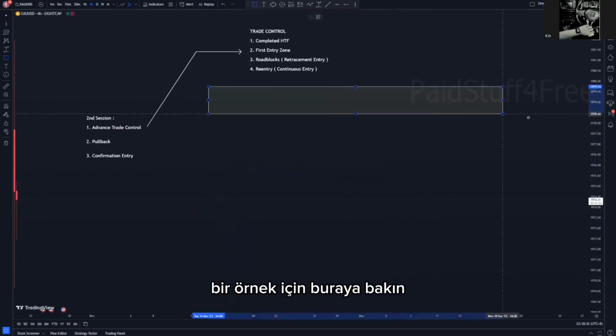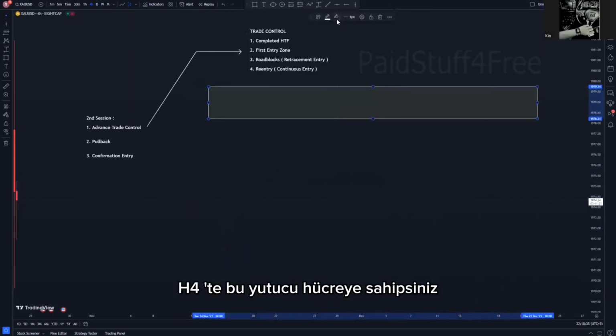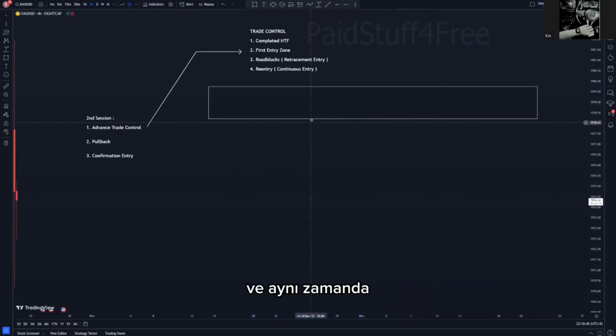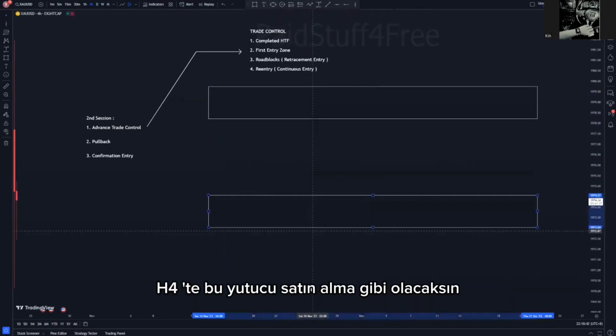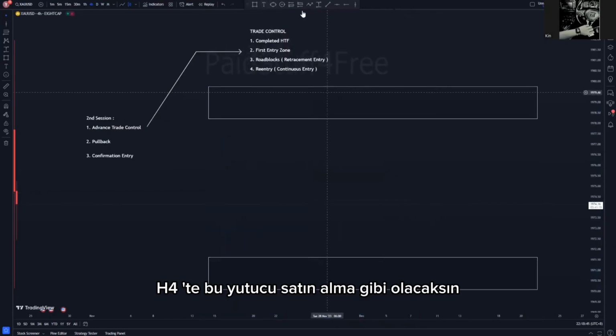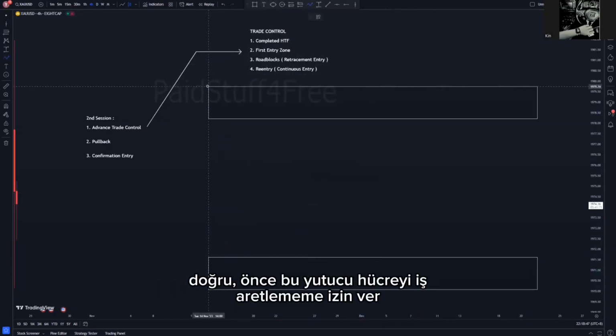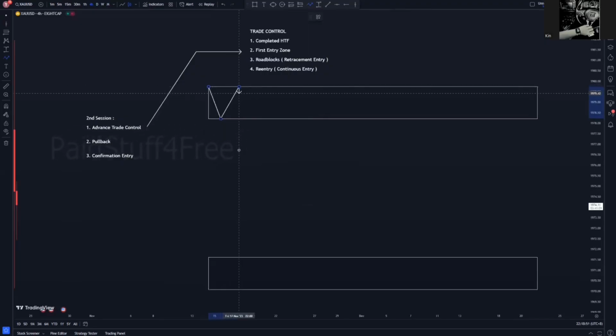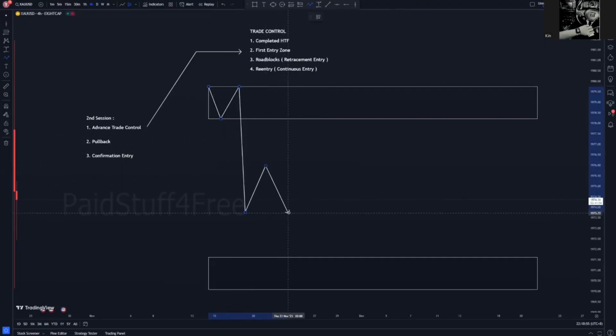So look over here. For example, you have this engulfing sell on H4, and at the same time you're going to have this engulfing buy on the H4, right? So let me mark this engulfing sell first.